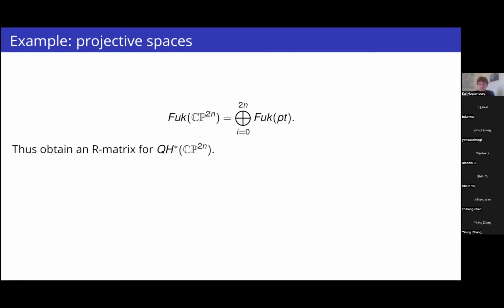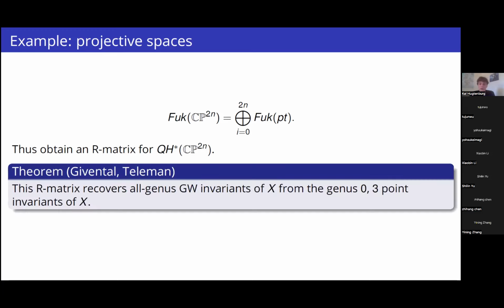And because of the decomposition of quantum TEP structures, we then obtain an R matrix from the quantum cohomology of CP^{2n}. Indeed, in this case, it was already shown that this R matrix recovers all genus Gromov-Witten invariants of X from the genus 0 3-point invariants of X, because the higher genus Gromov-Witten invariants of the point are just not interesting.